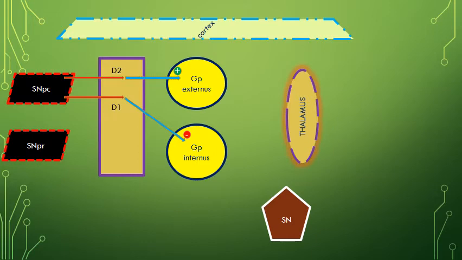Before going further, there is another connection from the subthalamic nucleus, which is always stimulating the globus pallidus internus. There is another connection from the globus pallidus externus, which inhibits the subthalamic nucleus connection to the globus pallidus internus. So there is an inhibition of the globus pallidus internus.